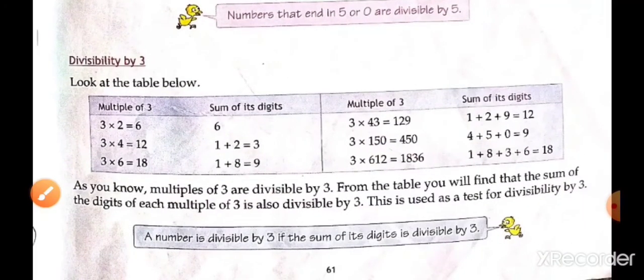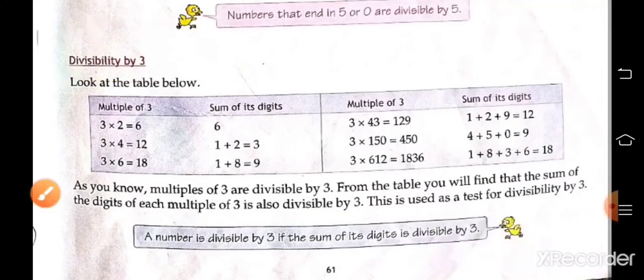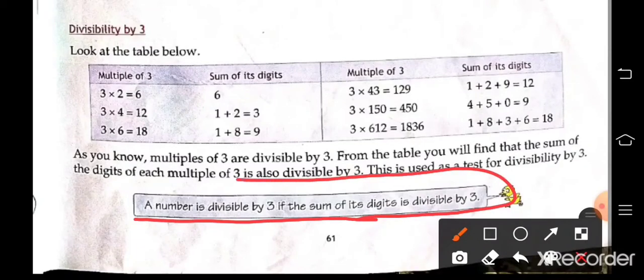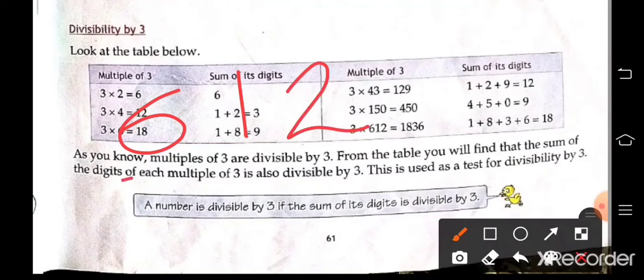Now, divisibility by 3. For it, here is a rule. A number is divisible by 3 if the sum of its digits is divisible by 3. For example, 612. This is the number.